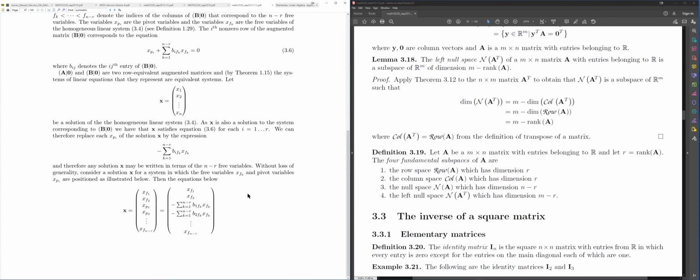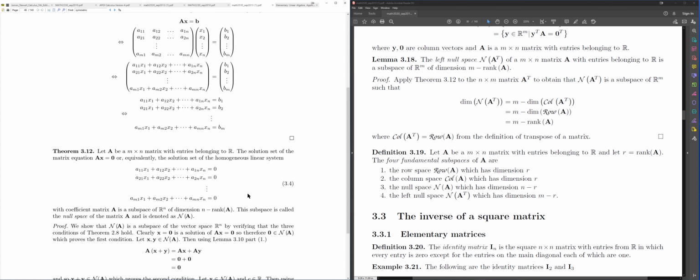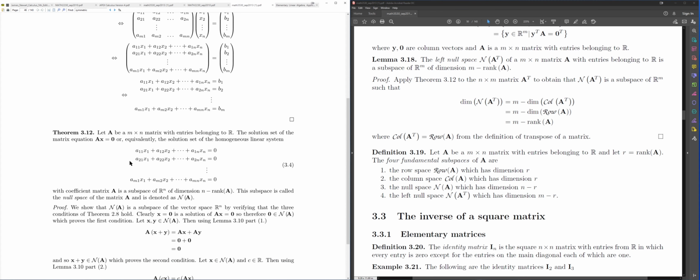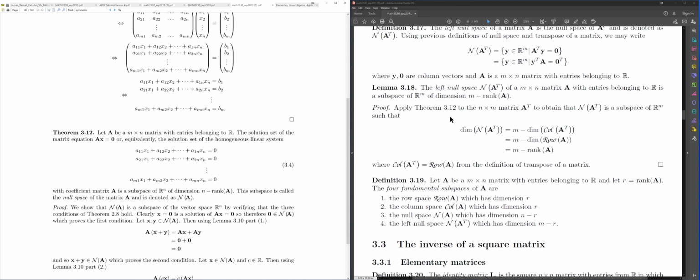We saw that in this theorem for null space, theorem 3.12, where we stated that when you work out your null space, the dimension of it is always n minus rank of A. So that's just n minus r over here. And then finally, left null space has dimension m minus r, and that is what we just did over here in Lemma 3.18.